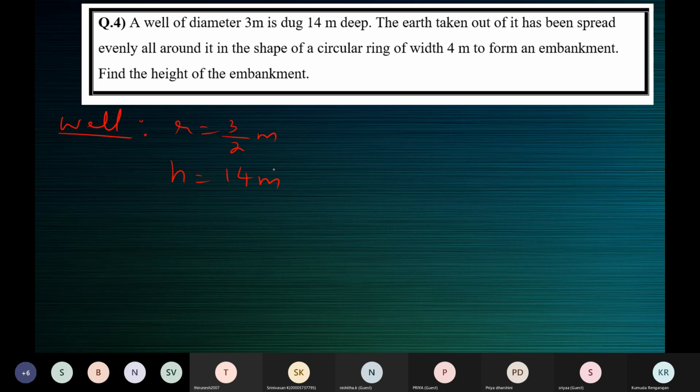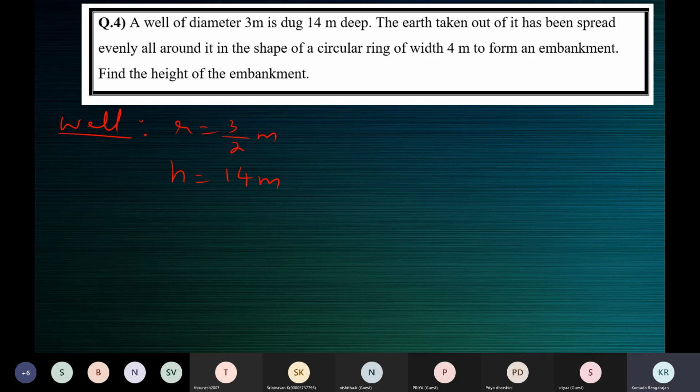All right. The earth taken out of it has been spread evenly. See, when you dig the well, you're removing the earth. Only then it becomes a well.